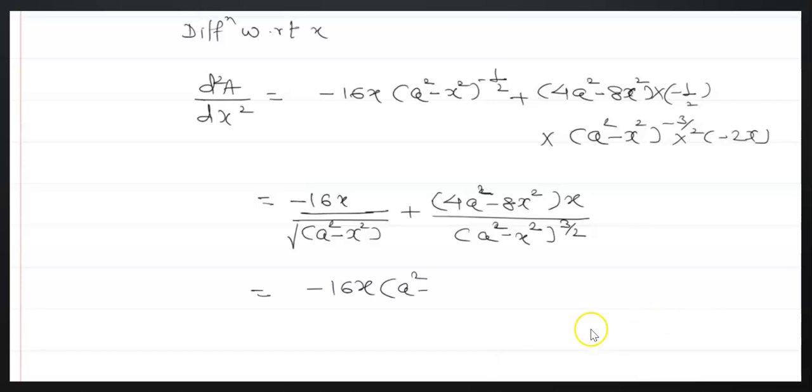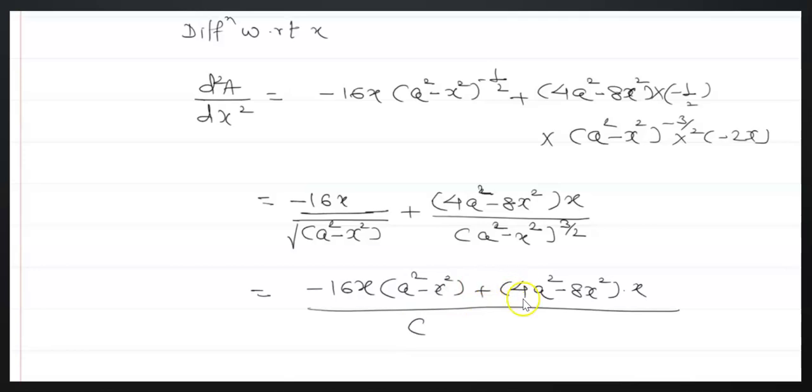That is minus 16x in bracket a square minus x square plus 4a square minus 8x square into x upon a square minus x square raised to 3 by 2.